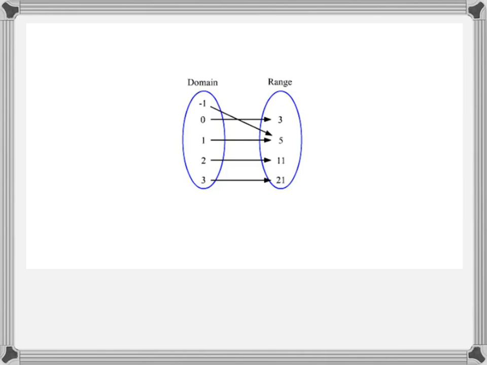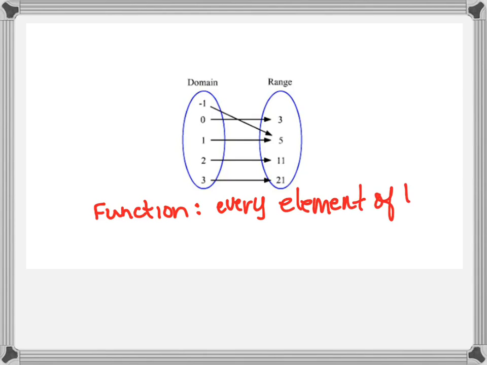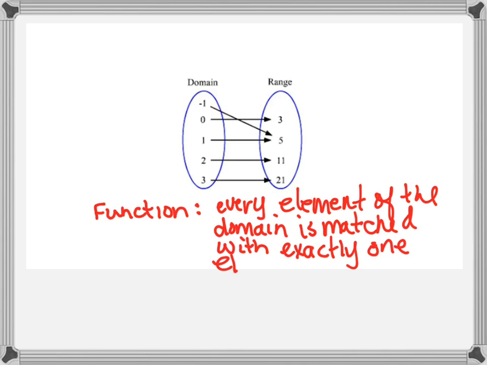You may remember these diagrams and having to determine if it was demonstrating a function. For example, this one is demonstrating a function because every element of the domain is matched with exactly one element of the range.